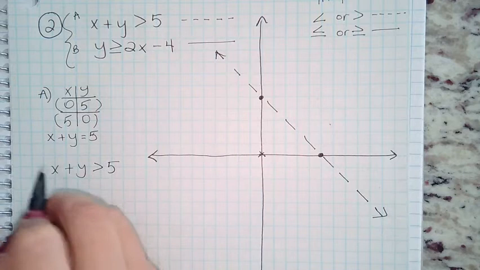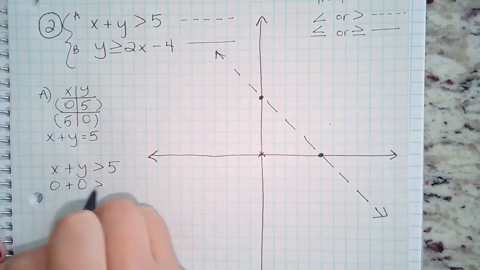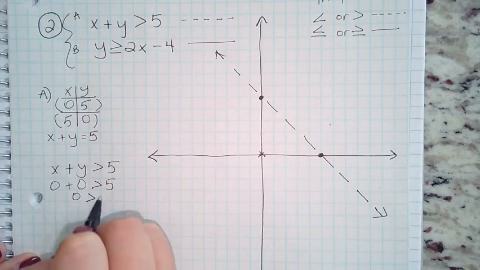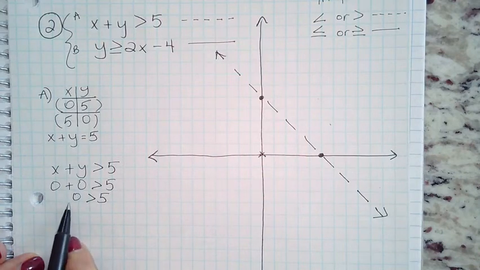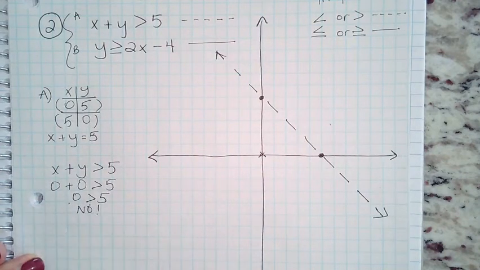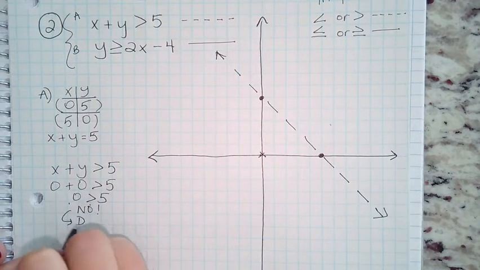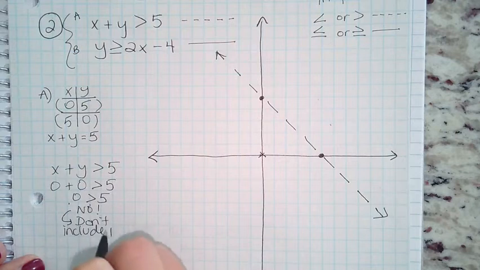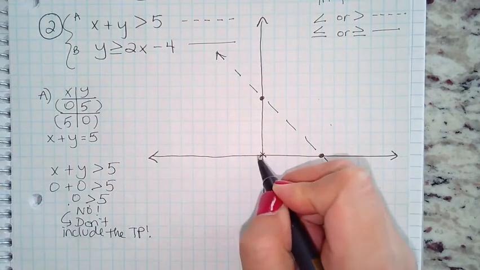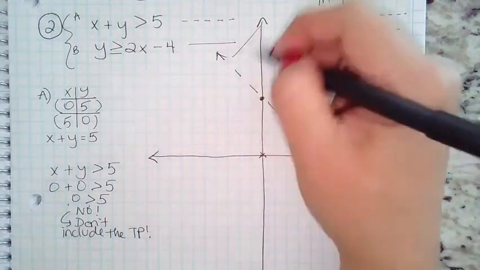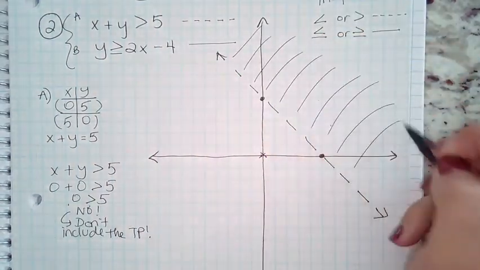So if I plug that point in and I simplify, is 0 greater than 5? Well, no. And so if the answer is no, it means don't include the test point. So there's my test point. So I'm not going to shade that side. I'm actually going to shade the other side.